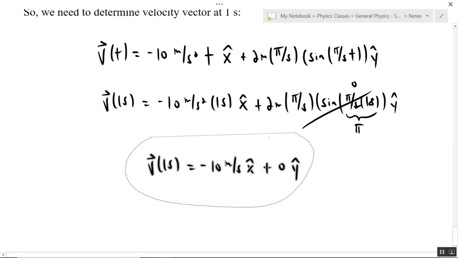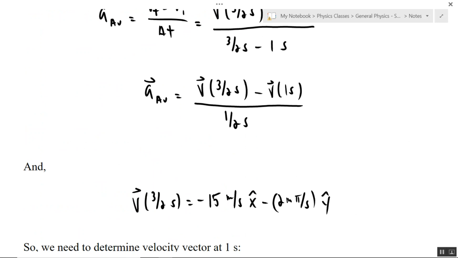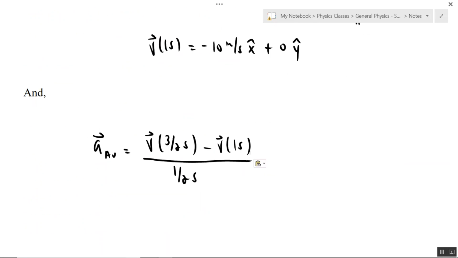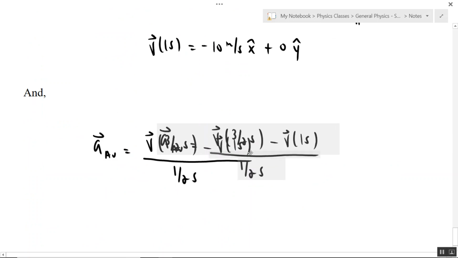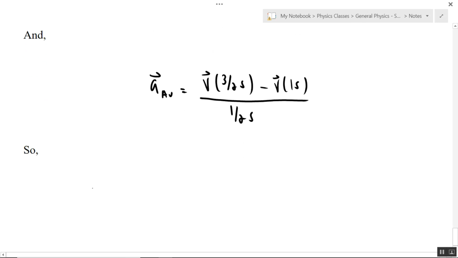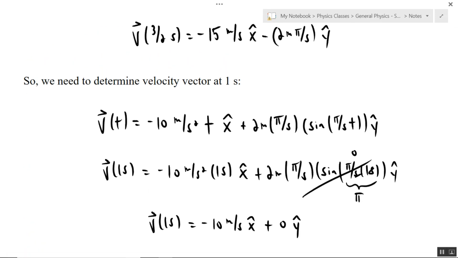Okay, so the reason why we did that is because we want to find the average acceleration, sorry, not average velocity, which is this, right? So that means we need to subtract the x part of the velocities, I should say. So the VF is the 3/2 and VI is the 1. So it's basically this minus that, right?